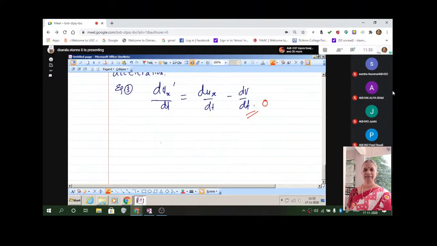So therefore you can write ax dash is equal to ax. This is the equation. Similarly, ay dash is equal to ay, and az dash is equal to az.